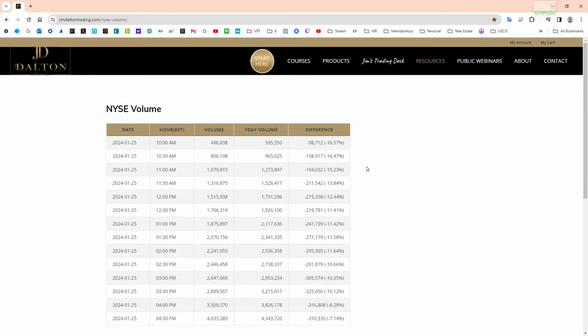It gives you how much volume this market had relative to yesterday. For example, it was significant, but it was lower, somewhere between 10 and 15%. It increased a little bit throughout the session, but it was lower than the previous day.